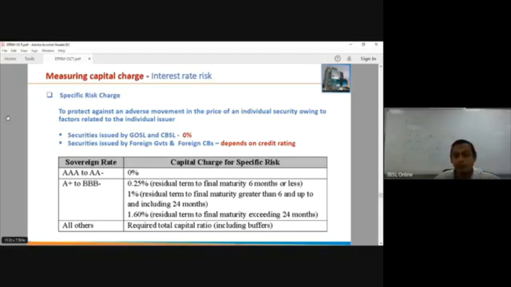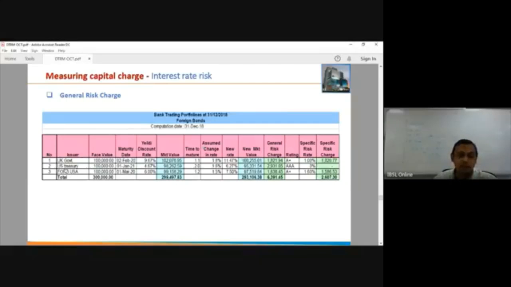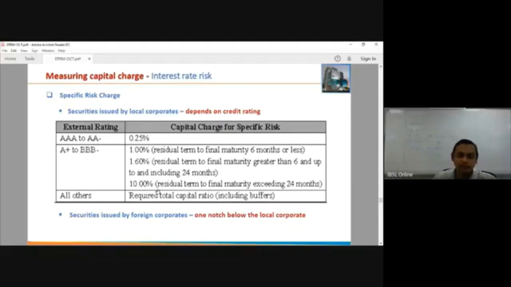Of course, you can't use this table because this rating is given only for a security issued by a foreign government or a foreign central bank. But this is a foreign corporate company. Therefore you can't use this table. And there's another table given. Now this is for securities issued by local corporates and foreign corporates.